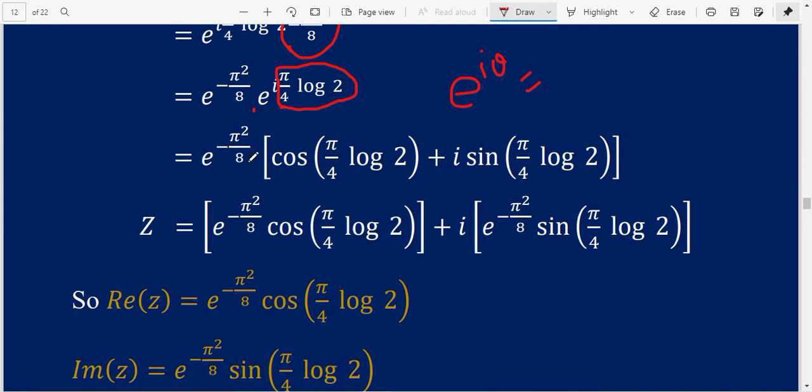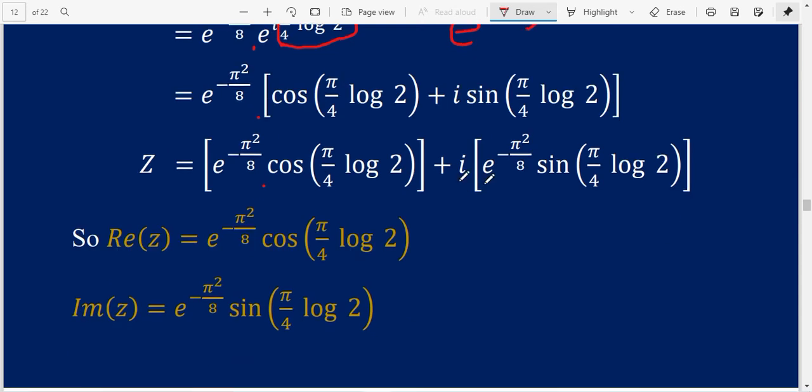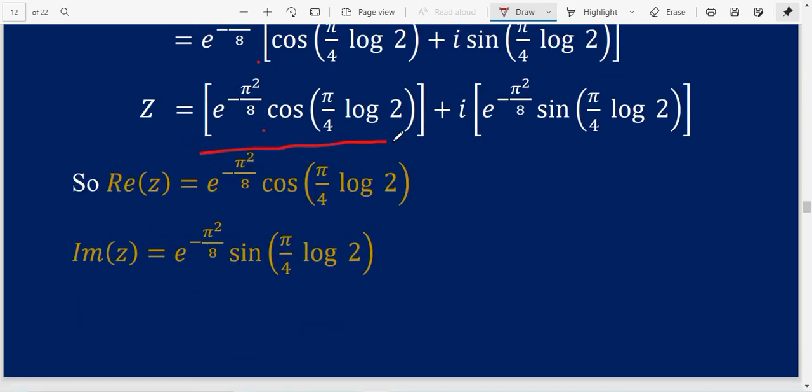So e raised to minus pi square upon 8 into (cos(pi by 4 log 2) plus iota sin(pi by 4 log 2)). Now multiplying this, e raised to minus pi square upon 8 into cos(pi by 4 log 2) plus iota e raised to minus pi square upon 8 into sin(pi by 4 log 2). So this is the real part of the complex number and this is the imaginary part of the complex number.